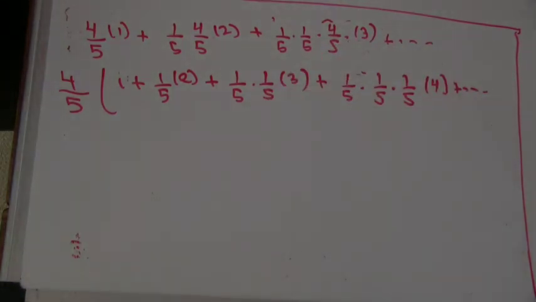That was a good first step. So it's kind of annoying because the bottoms of our fractions are a geometric series, but the tops are an arithmetic series. Yes, that is exactly the problem here.